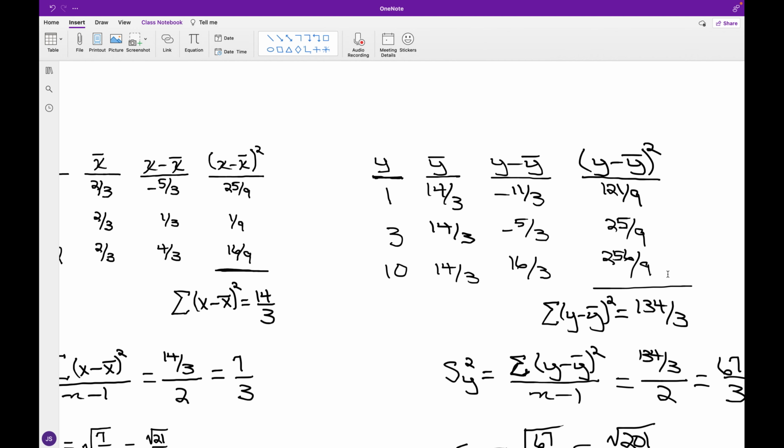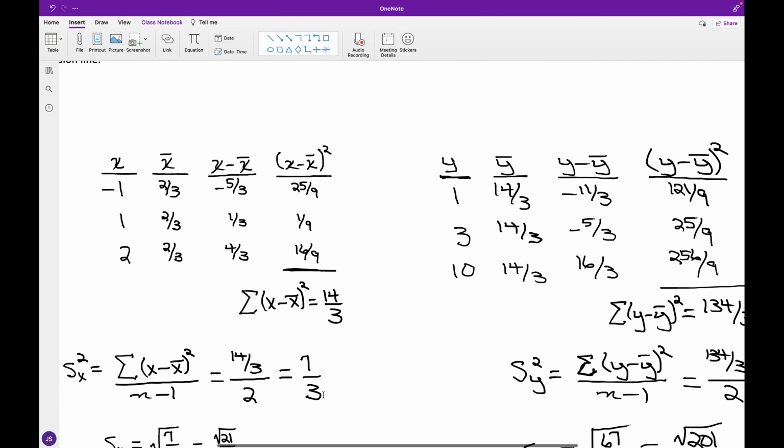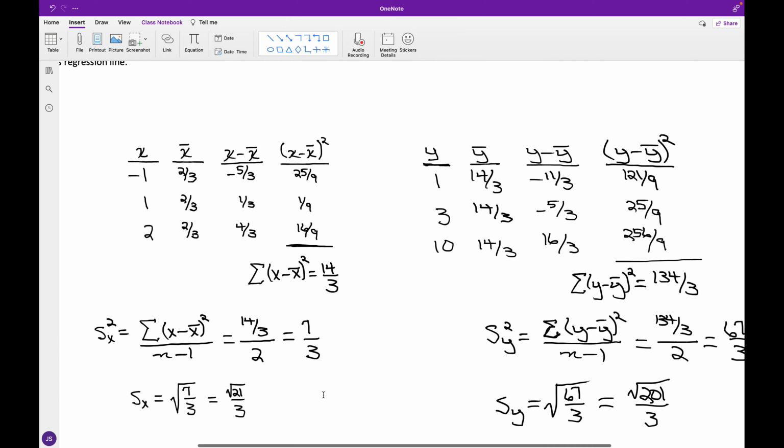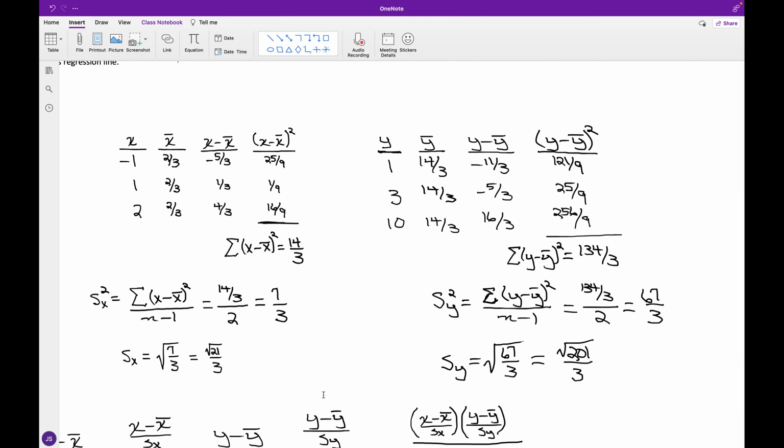Now in ninths, we have 402 ninths, and for the sum of the squares of the differences, we had the reduction down to 134/3. With the sums of the squares of the differences, we're going to be able to attain the sample standard deviation for x and y.